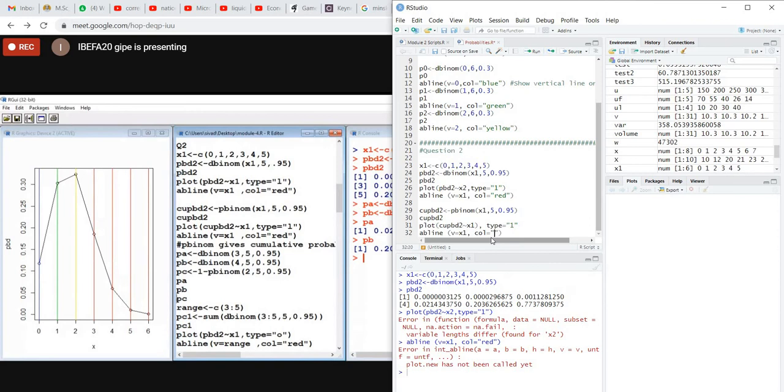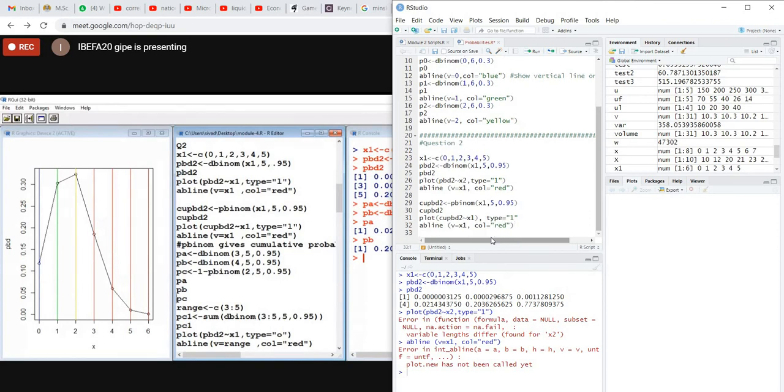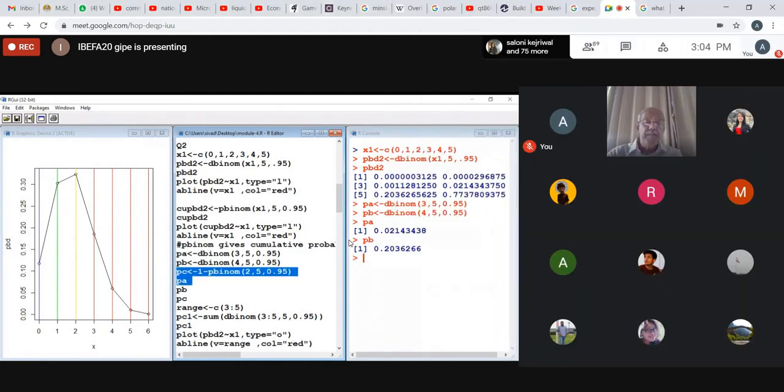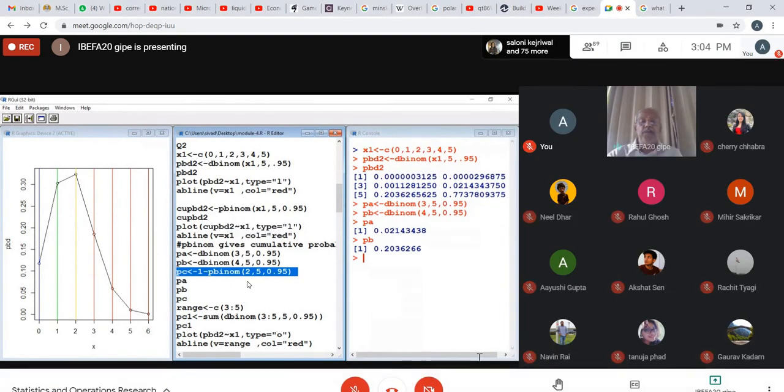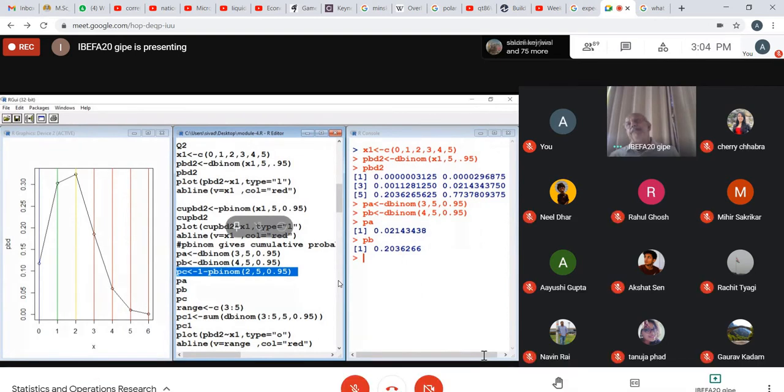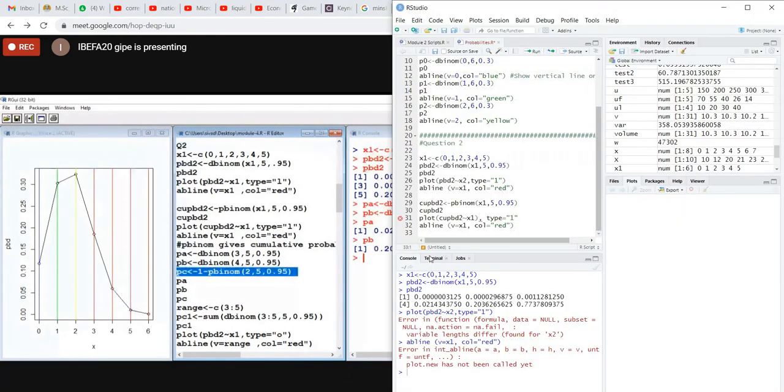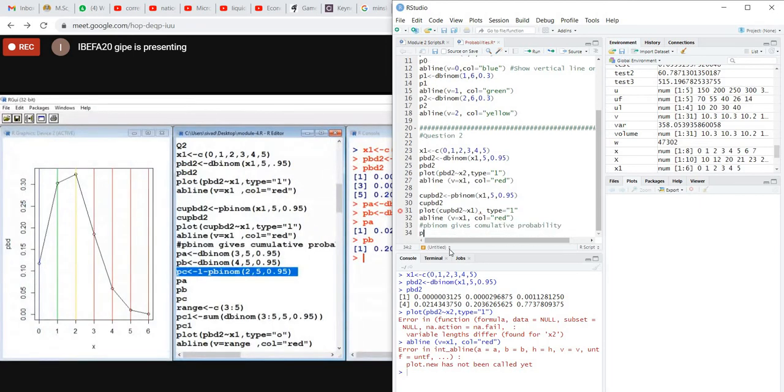Therefore, the last answer will be 1 minus pbinom up to 2, because total probability is always 1, as you have seen in the last class. So 1 minus the probability up to 0, 1, 2 will give you 3, 4, 5.